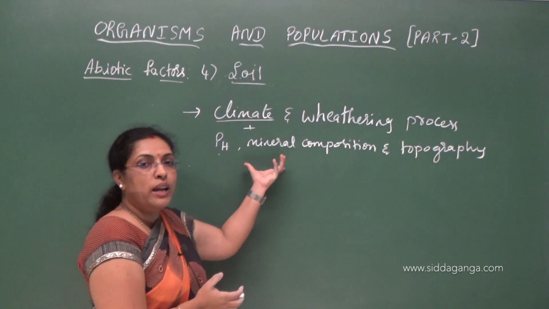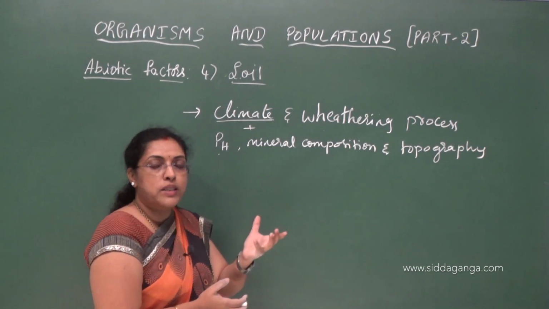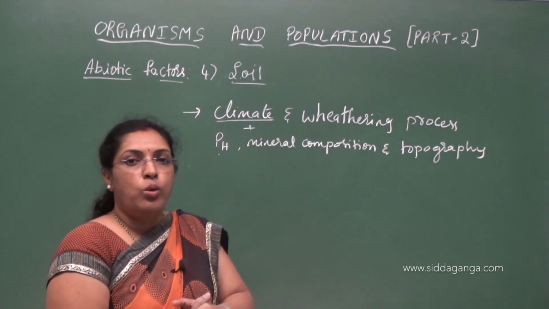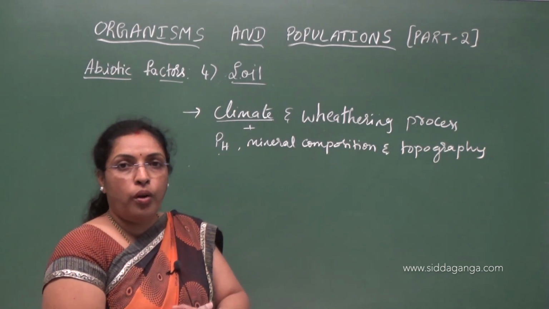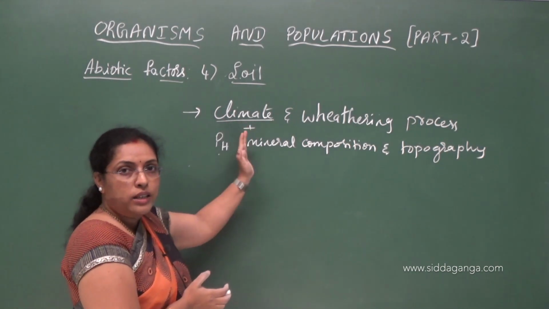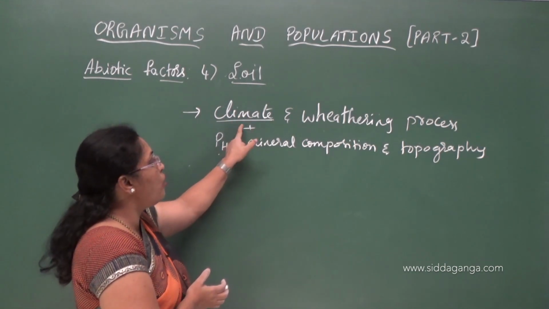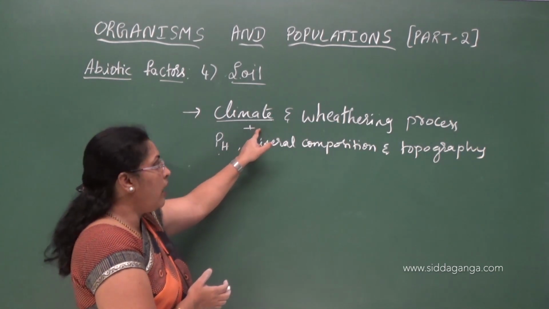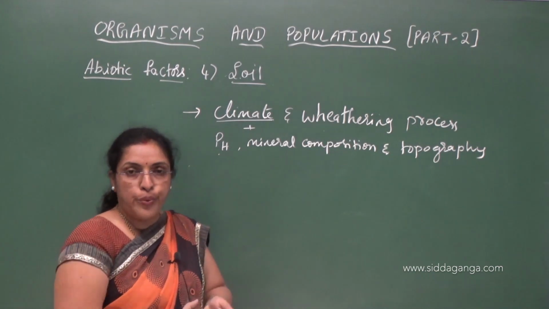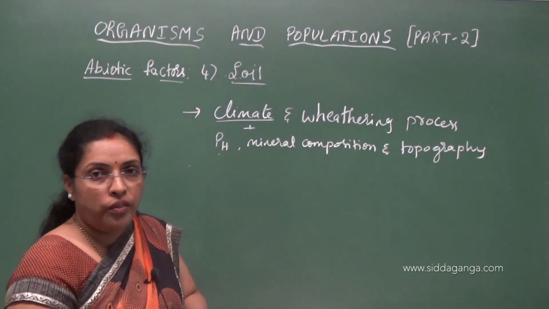So bottom dwelling animals, the animals present in the benthic zone of the ocean or water bodies, mainly depend again on the soil. So the characteristics of soil are dependent on what? They are dependent on climate and weathering processes, with pH, mineral composition and topography.